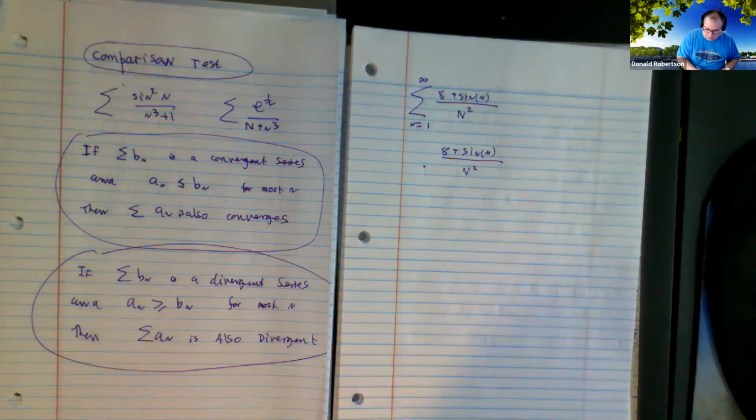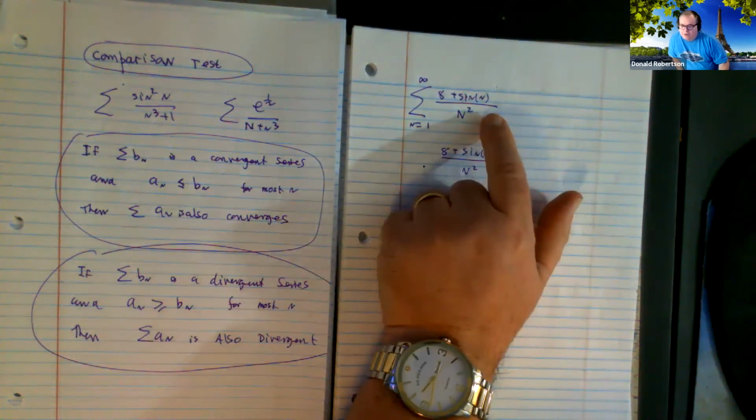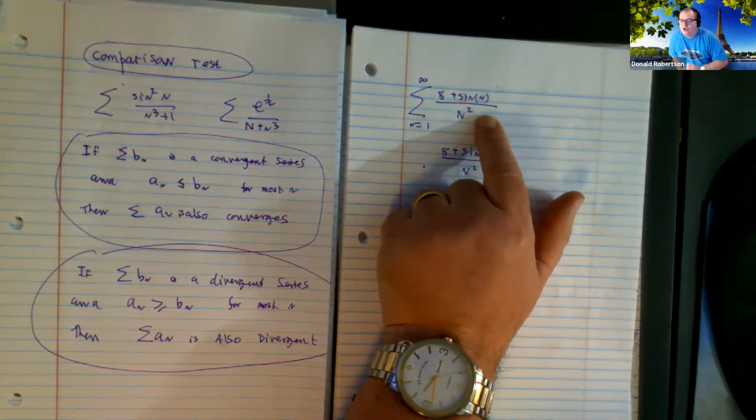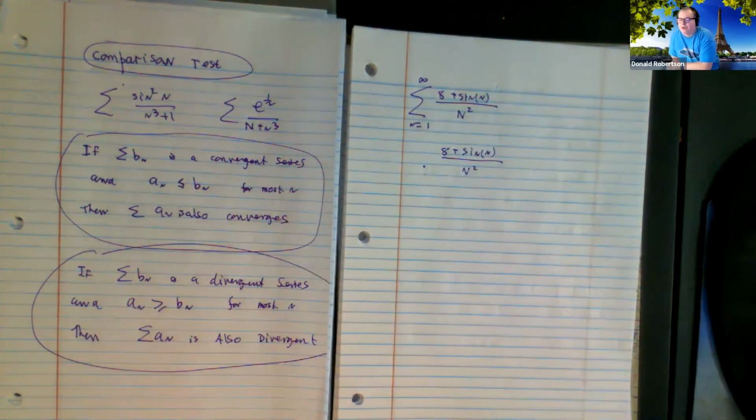We don't do the little squiggly lines. First thing is, for some people, a little bit tricky. I have to know whether this guy is going to converge or diverge. So I kind of have to know what the answer is going to be before I prove it. And it's not as hard as it looks.